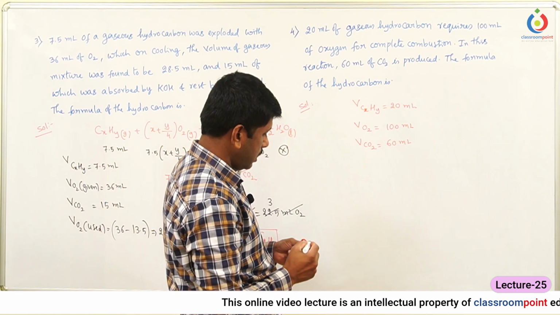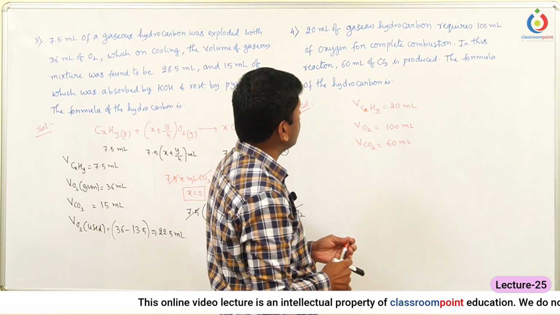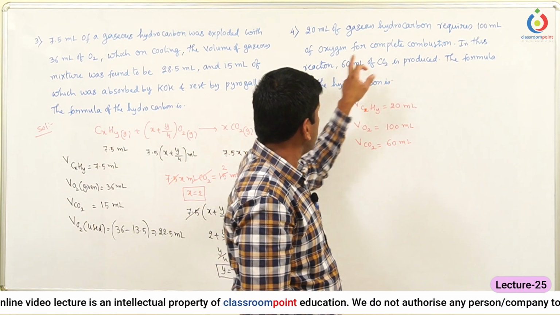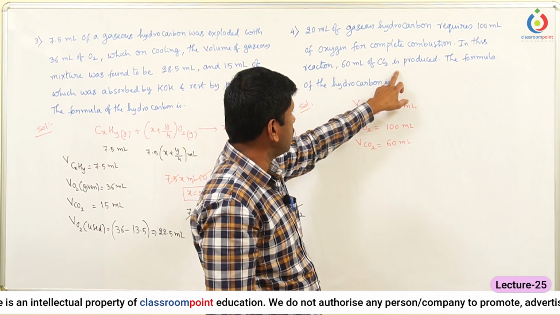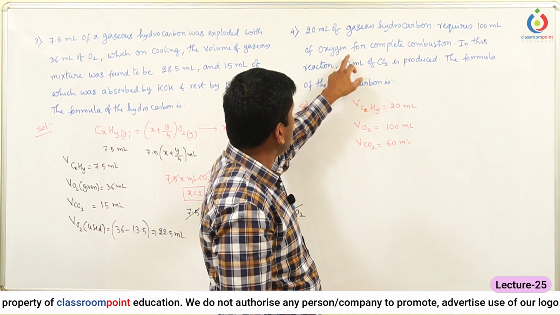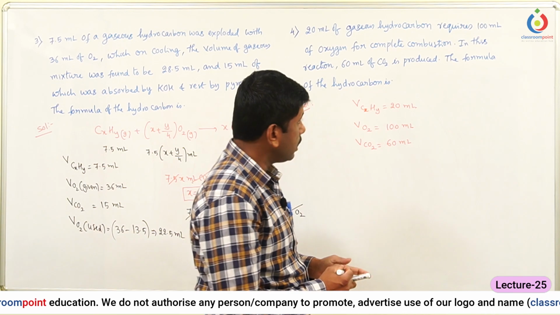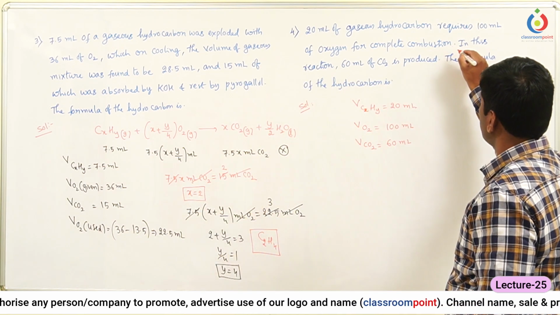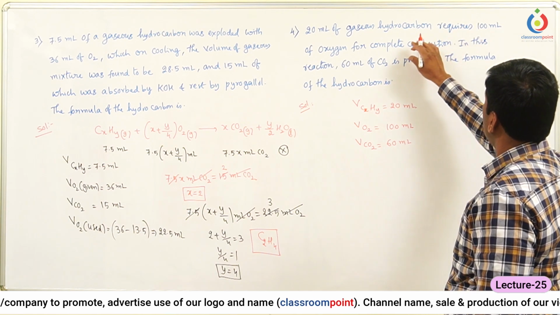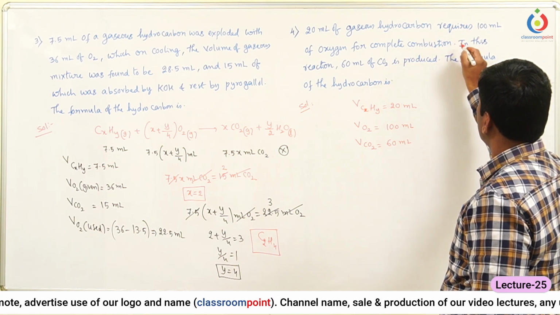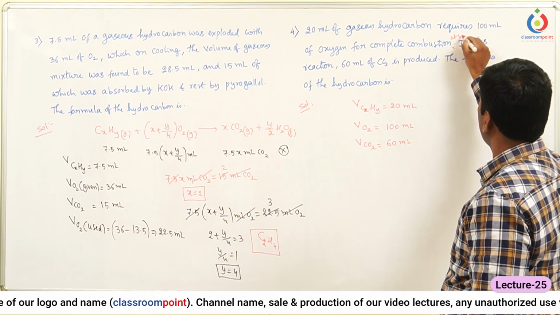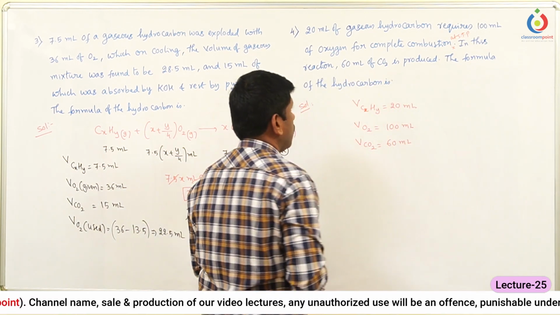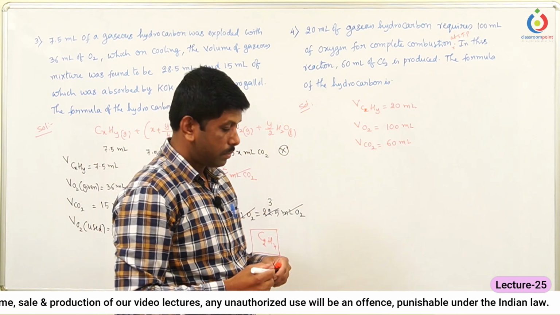Here they did not mention anything about whether it is cooling or not, but they had given the information that in this reaction 60 ml of carbon dioxide is produced, and regarding the 100 ml of oxygen, here we need to add that the reaction is happening at STP. Hydrocarbon requires 100 ml of oxygen for complete combustion at STP. So it is not necessary to consider the volume of the H2O.